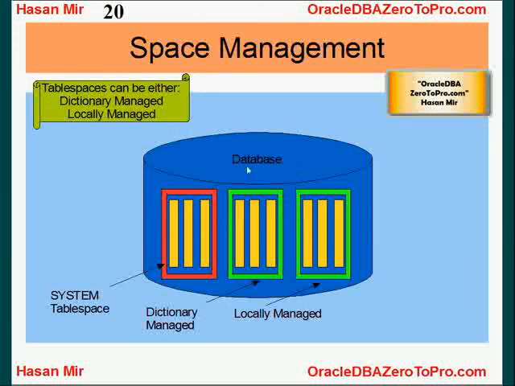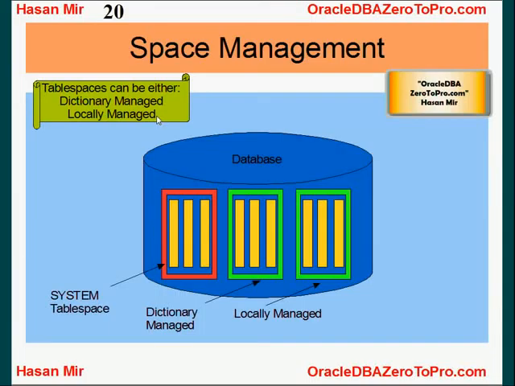Space management. Let's talk about space management. Table spaces can be either dictionary managed or locally managed. We're talking about regular table spaces that contain data for users. DBA can create table spaces.